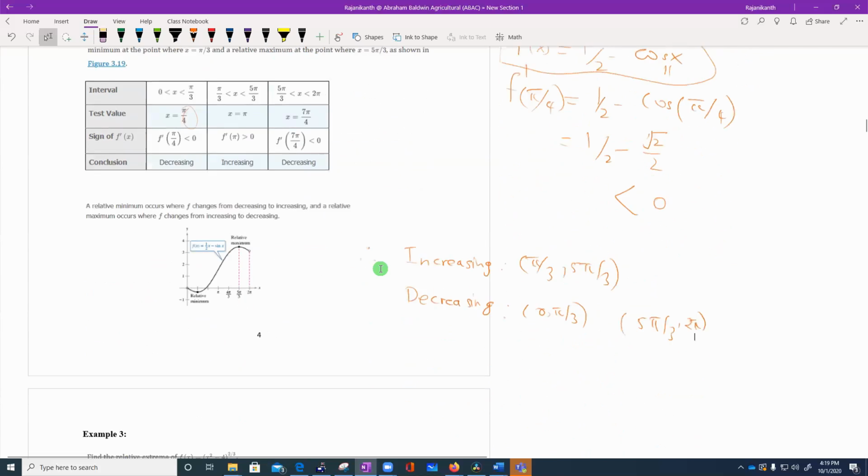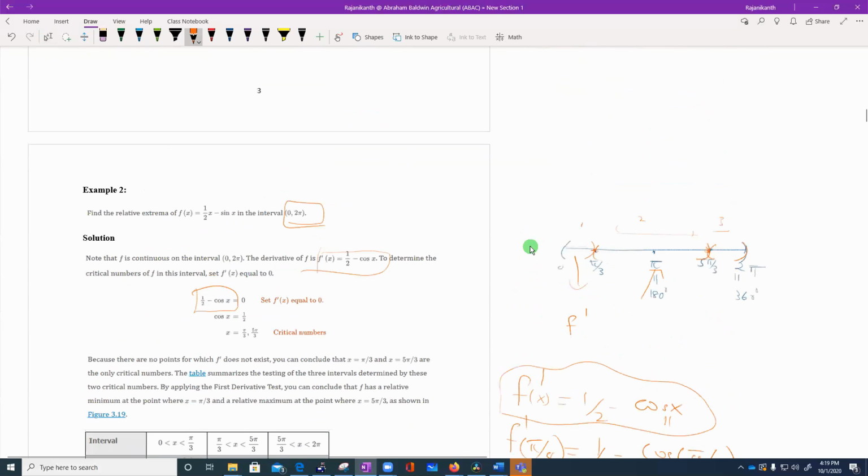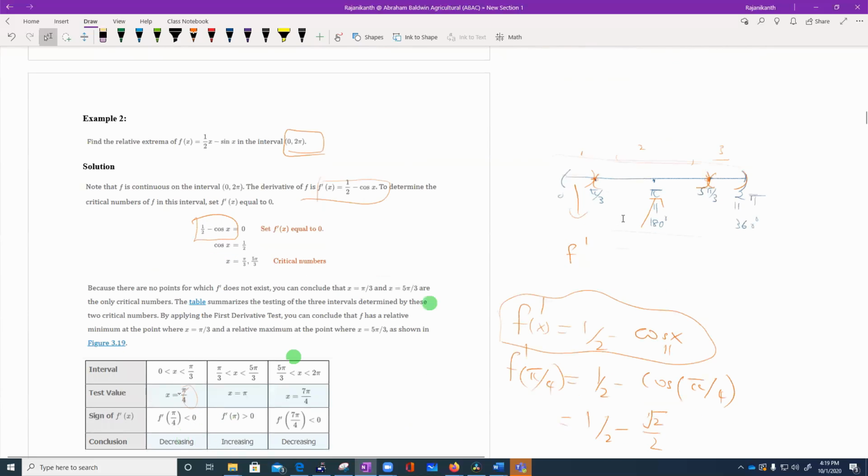What I used to do is mark the function trend here on the interval. Remember, in the first interval we got decreasing, so I'm putting here negative, decreasing. In this interval we are getting positive sign. In this interval we are getting negative sign.